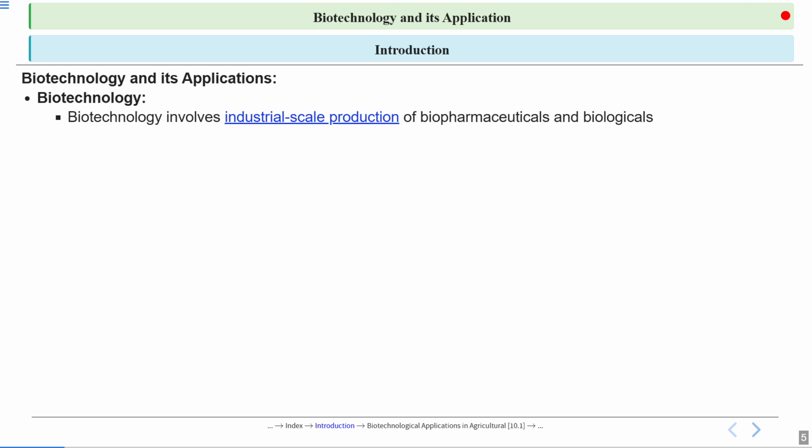So what biotechnology actually involves, or its major function, is how we can use those modified organisms on a very large industrial scale to produce many biopharmaceuticals and biologicals.